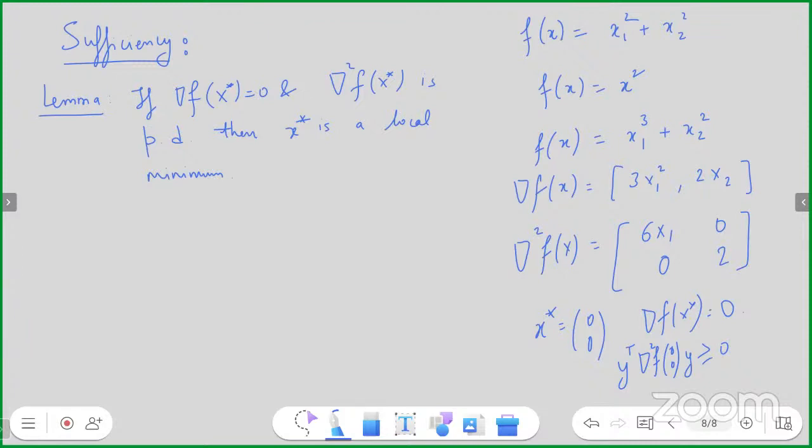So all I need to show is that epsilon square y transpose Hessian y plus order of epsilon square is strictly positive. You go on. I will stop you.